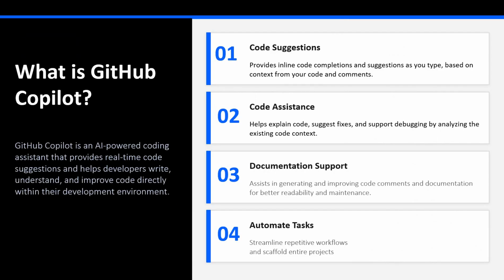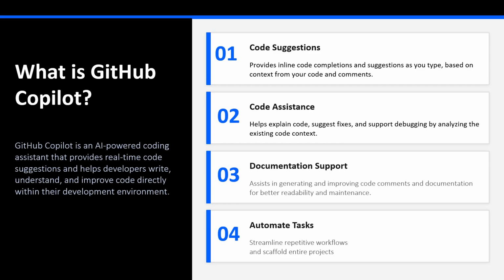The very first question, let's say if you are in an interview or exam and someone directly asks you what is GitHub Copilot, you can simply say GitHub Copilot is an AI powered coding assistant that provides real-time code suggestions and helps developers write, understand, and improve code directly within their development environment. Okay, so this type of tool is known as GitHub Copilot.